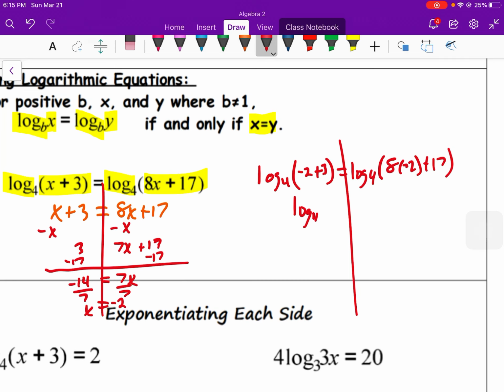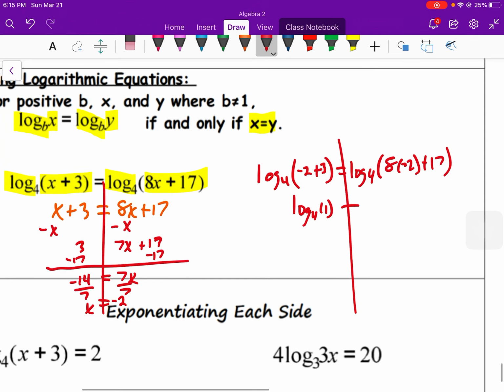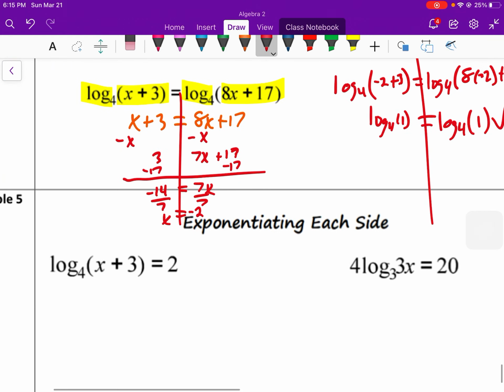Log base 4 of 1 equals log base 4 of 8 times negative 2, which is negative 16, plus 17 is 1. So that verified it, implying that x equals negative 2 makes this equation balanced.